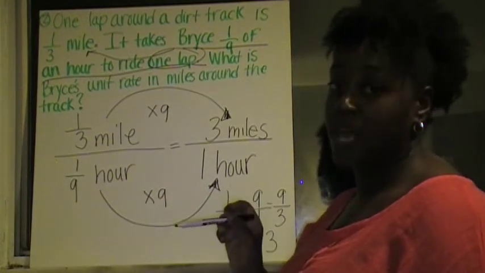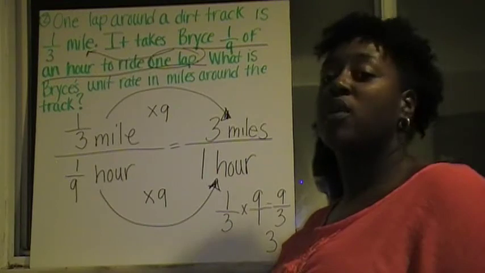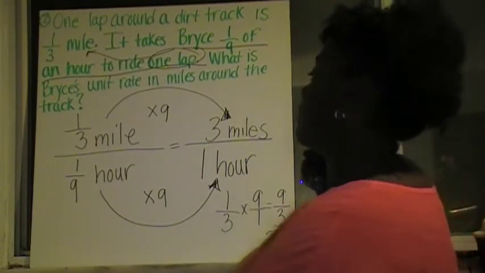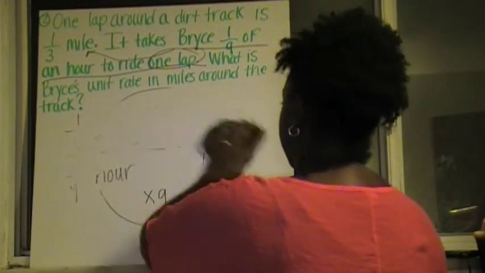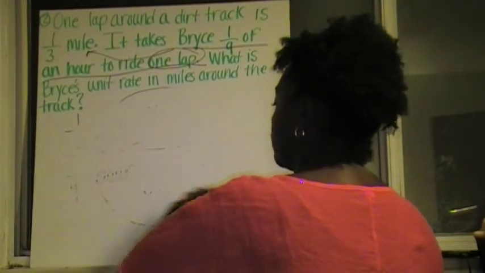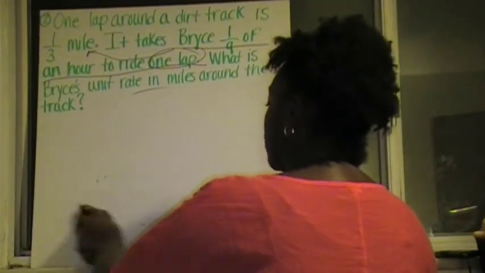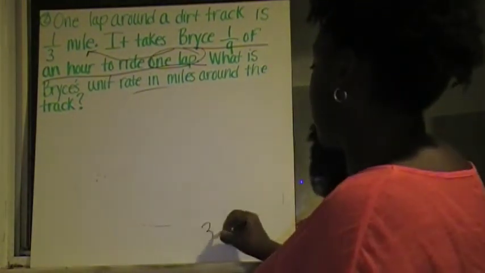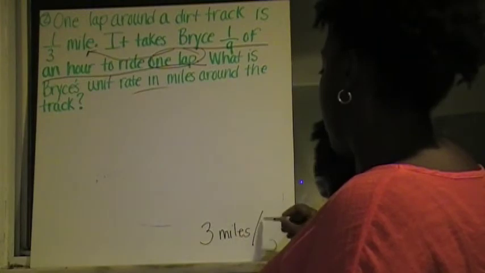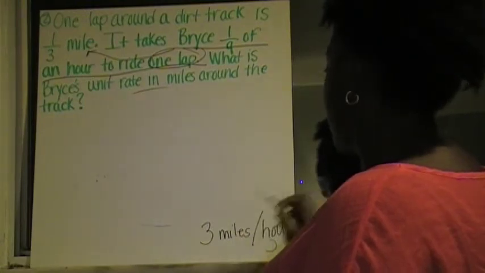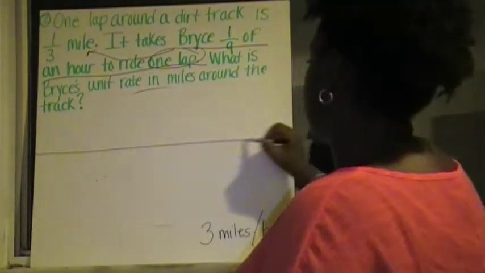Let's take this same problem and approach it with a rate table. Okay, I'm going to write my answer down here that we got before, 3 miles per hour. Alright, let's make a rate table.